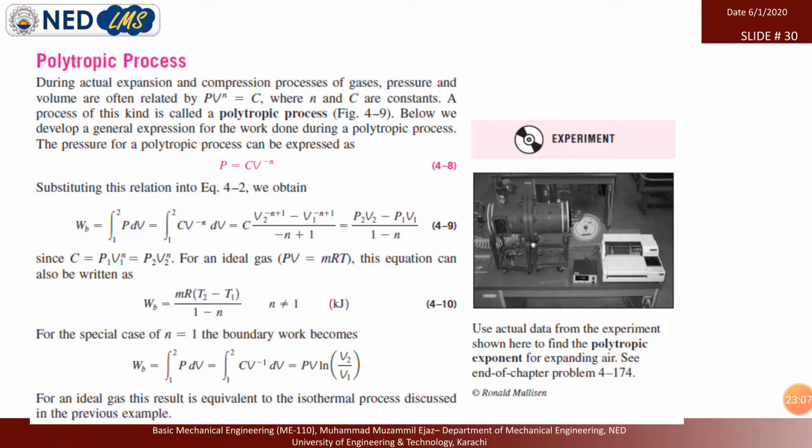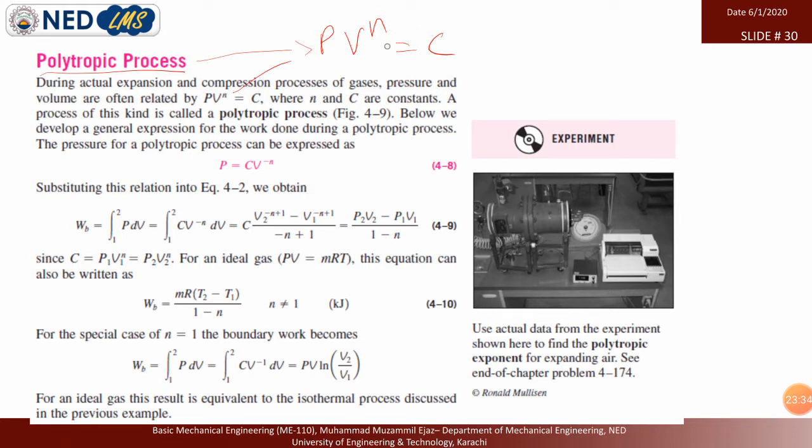We already discussed that we have a general equation for compression and expansion, PV^n is equal to C. It is called the polytropic process, and why is it called that? It is a general process. The value of n can be 0, 1 or 1.4 or in between 1 and 1.4.